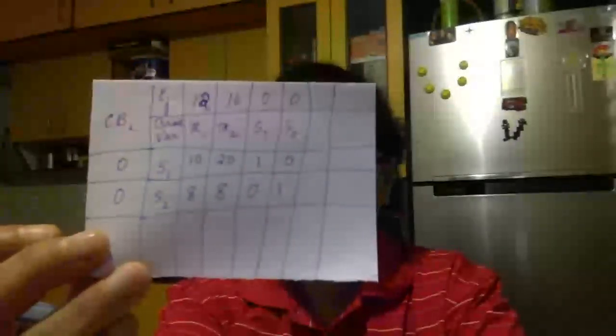Now you will be wondering, what do I have to do in the last one? In the last whatever space is there, I'm ruling one more column. Make the last column a little broad. In the very first column, you write solution.